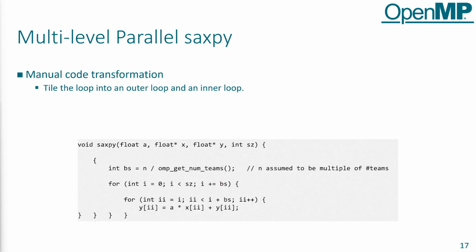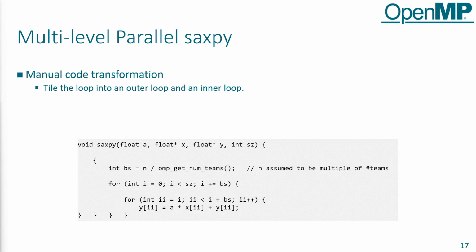Block size is determined as the number of loop iterations divided by the number of teams that we're going to establish on the GPU. Think of this as the number of wavefronts or warps, or the number of work groups in those HIP, CUDA, and OpenCL terms. And of course, I also assume that n is a multiple of the number of teams, so that we're not ignoring some of the loop iterations.